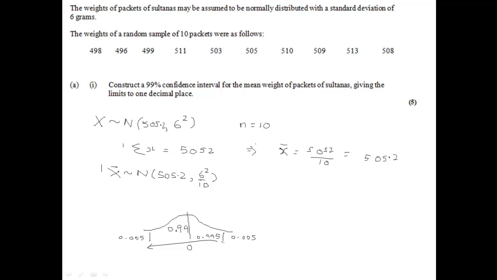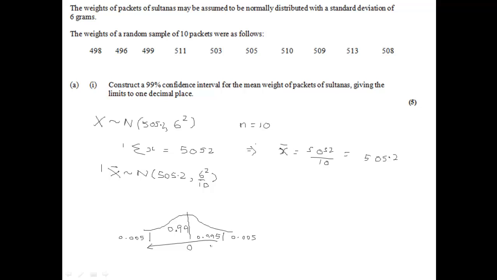To find this, we look it up in table 4 in the formula booklet, the percentage points of the normal distribution table. And we want the lower half of it, the half where it's to 3 decimal places. So on the left column under P for the probability, that's this area, we look at 0.99, and then we move along the top columns to the 0.005, and that gives us the amount of standard deviations where this area is to the left of.